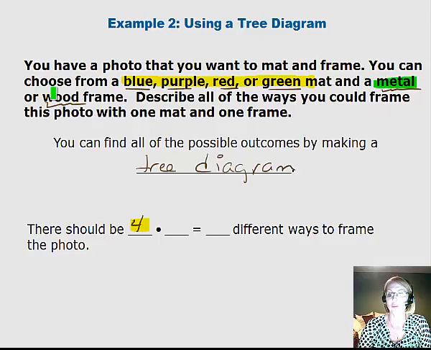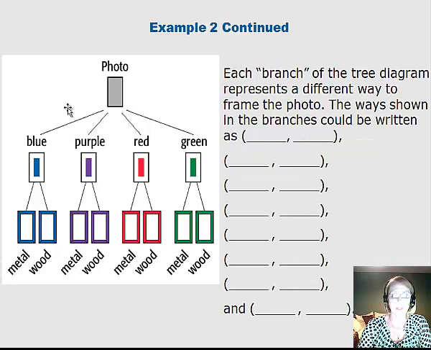And then we have 2 options there. So when we multiply them together, 4 times 2, we realize there are 8 different ways to frame the photo. And we can make a tree diagram, that's what this is, to show that. Each branch of the tree diagram represents a different way to frame the photo.